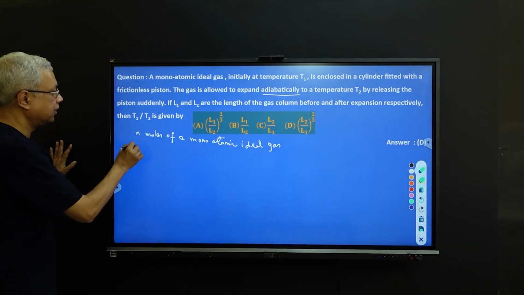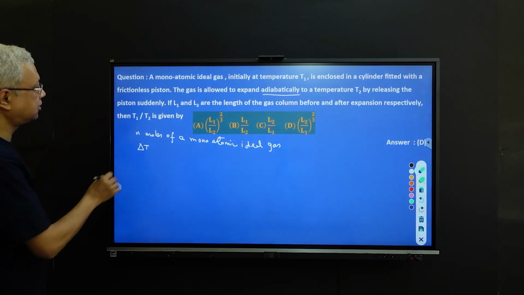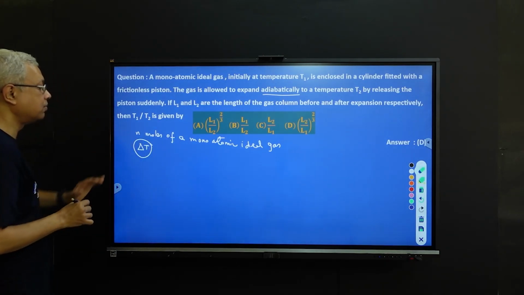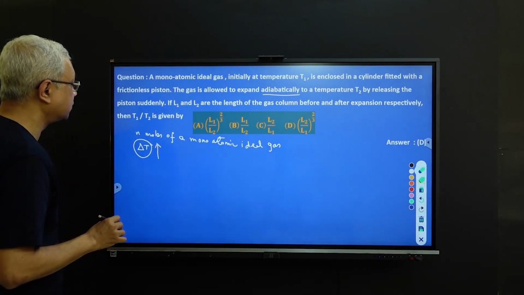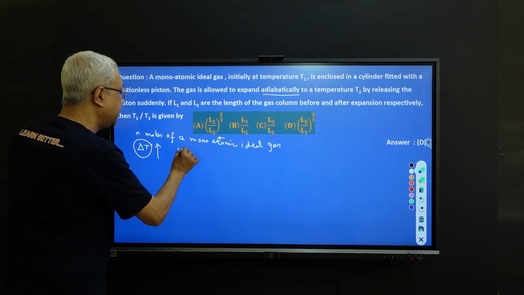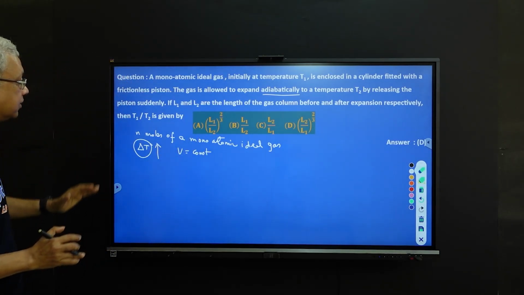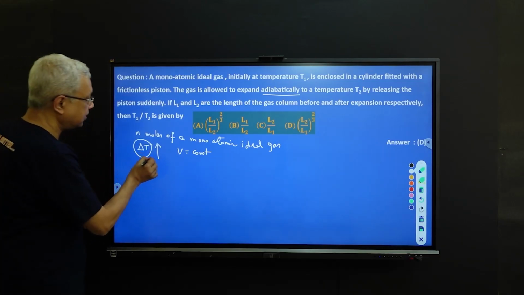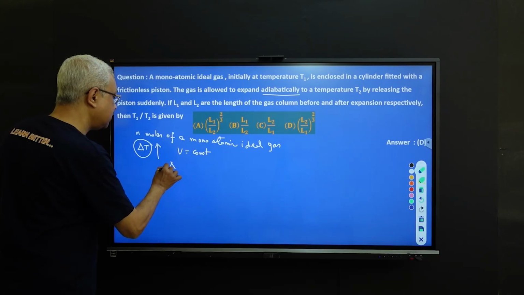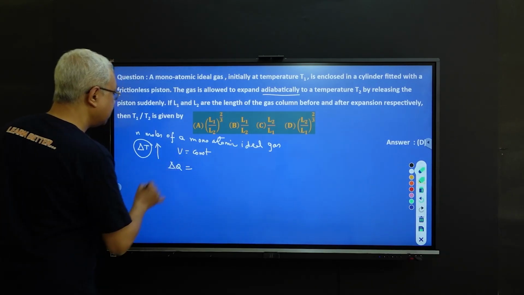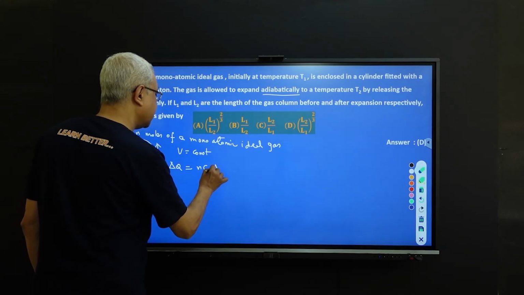Now we consider that the gas temperature is raised by delta T amount, keeping the volume of the gas constant. V is kept constant. Keeping the volume of the gas constant, the temperature of the gas is increased by delta T amount. Then the heat energy required for this process is actually n Cv delta T.